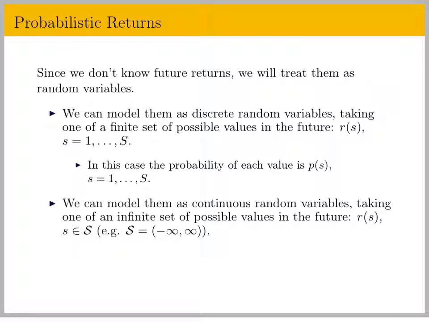Alternatively, we could model a return as a continuous random variable, and in this case, the return itself would be taking on one of an infinite set of values. So you would have to specify a return for each little s inside this infinite set, calligraphic S. In many cases when we model returns as continuous random variables, this calligraphic S will actually be the whole interval of the real line, all the way from negative infinity up to infinity.